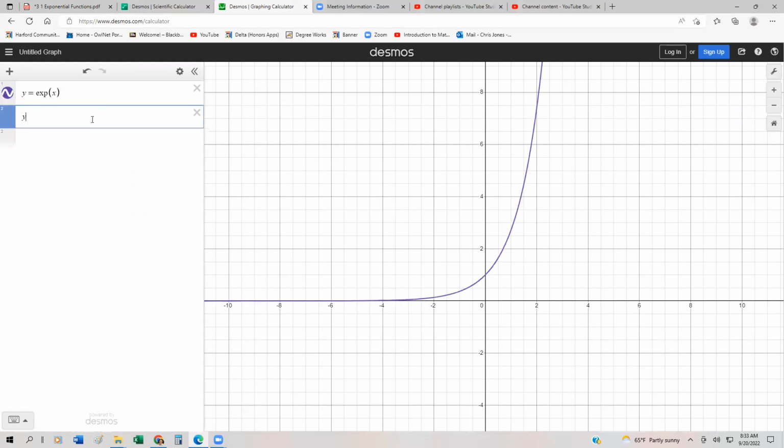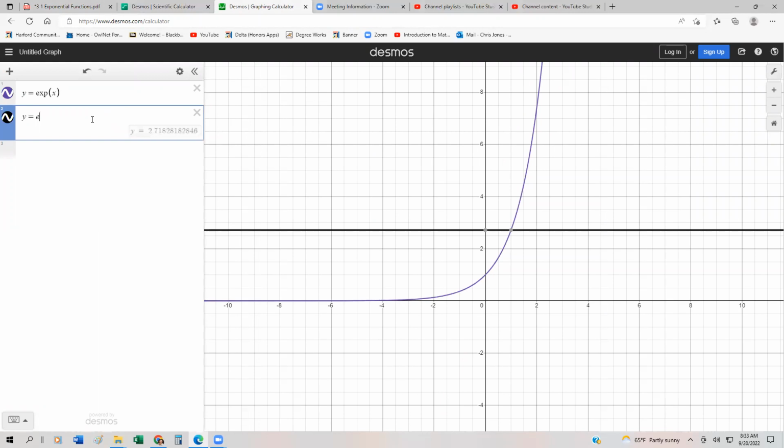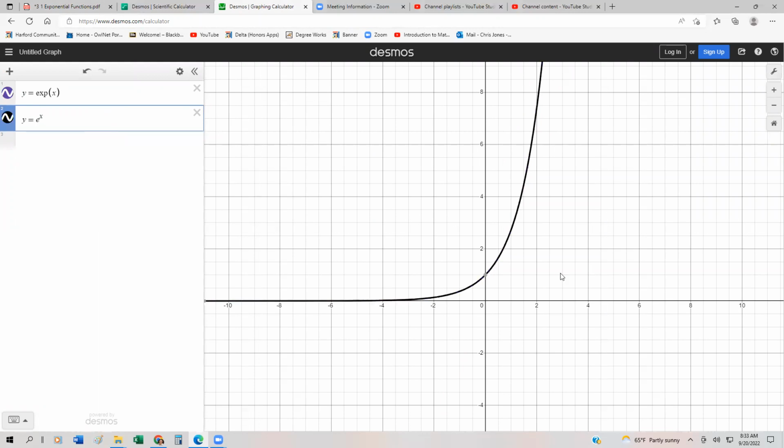So if you ever see e to the x or exp of x, they mean the same thing. You notice right here, that's the same. If I delete that, there it is. So again, if you ever see exp in computer programming, we use that quite frequently just so we don't have to deal with the exponents.